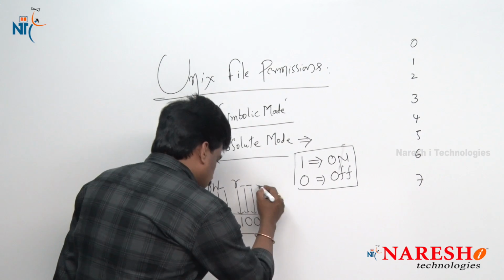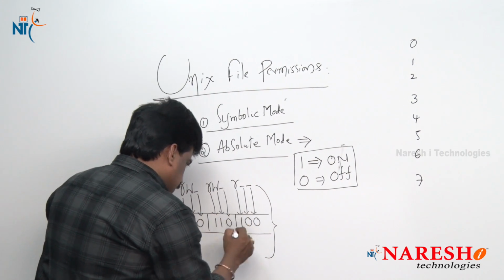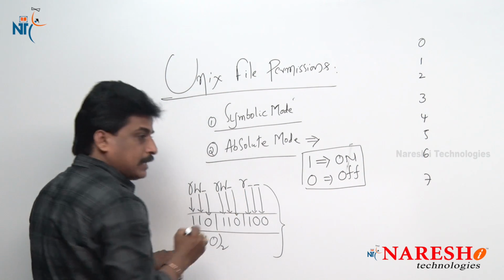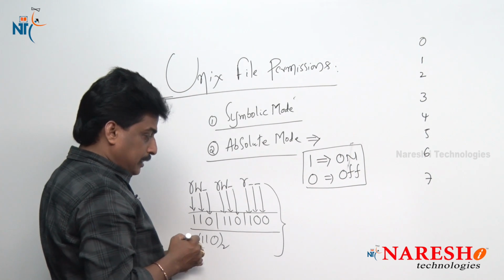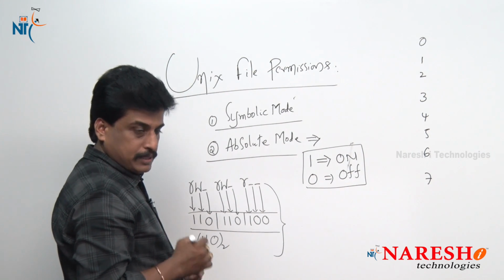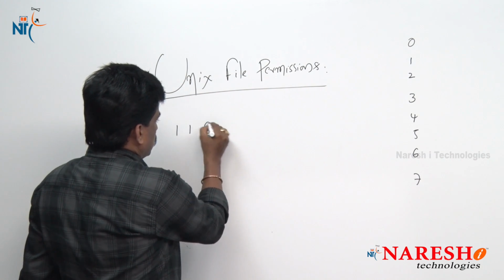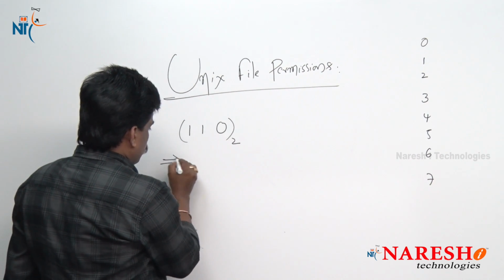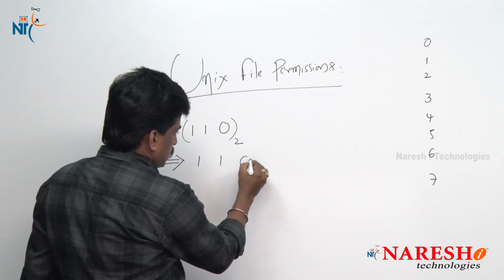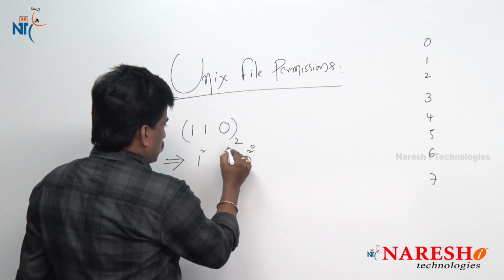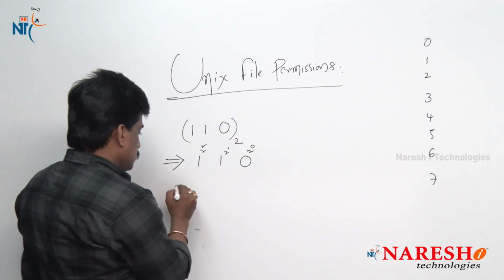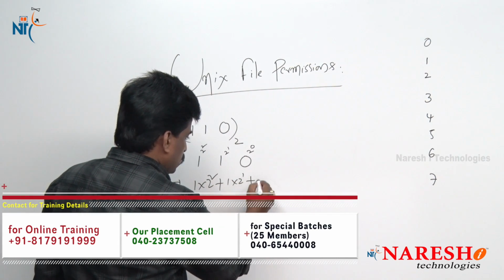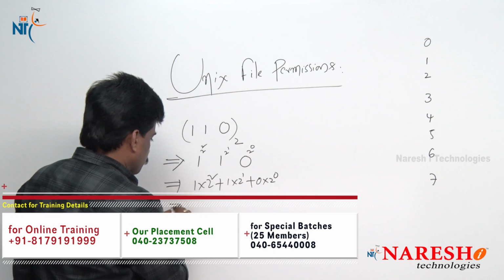Let us convert the first one. The first one is 1, 1, 0 to the base 2. We will convert this into the octal number system. Applying powers of 2 starting from 0 onwards: 1 into 2 squared plus 1 into 2 to the power of 1 plus 0 into 2 to the power of 0.